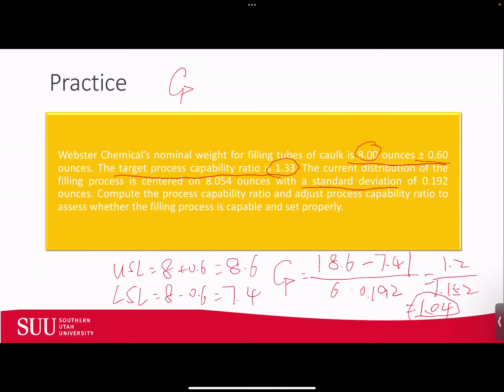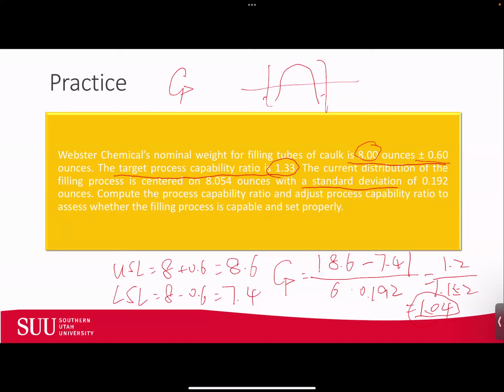Even though 1 means the process is good to go, if you want to reduce the variation, for example, this is the distribution and it is within the limits, so it's capable and your process is good. But what if you have a higher standard?